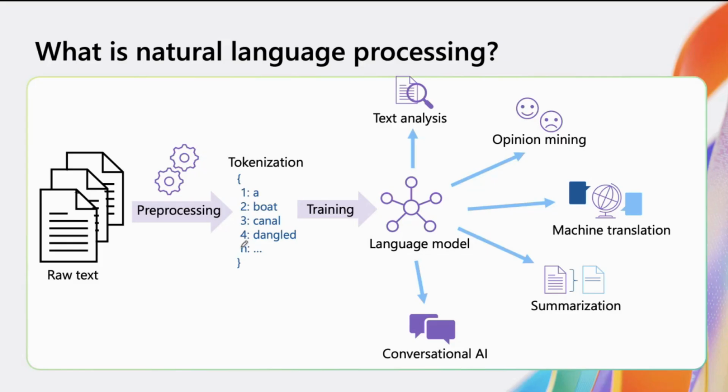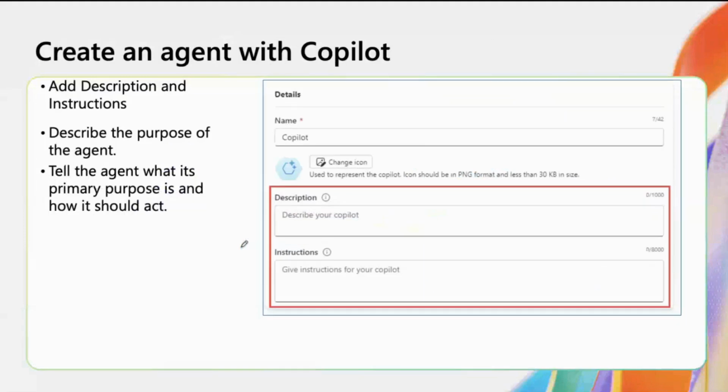So as a normal user, you do not need to mention what instructions or description I should give. Let this agent builder set up the agent for you by understanding your language, right? Or another way is to create the agent from scratch.